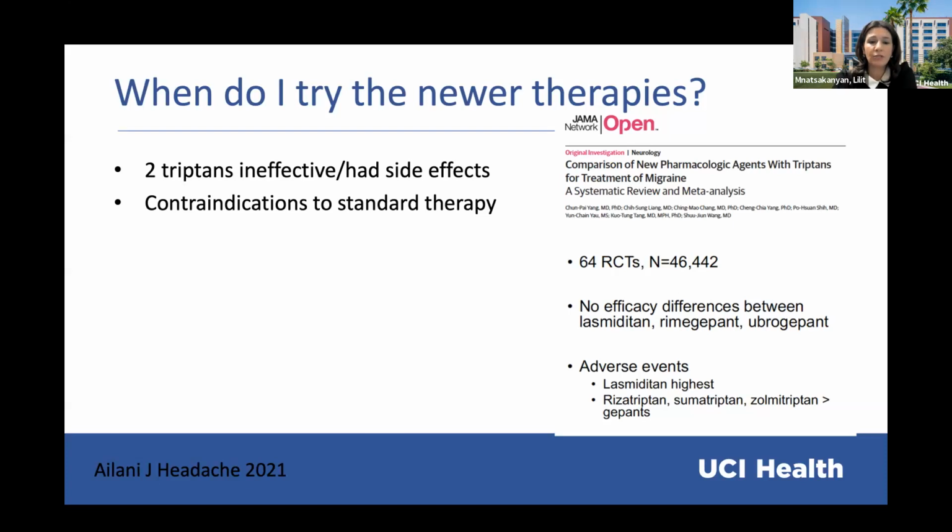The current recommendation from the American Headache Society, as well as the AAN, American Academy of Neurology, is for when someone has tried two triptans and they did not show any efficacy, or the patient had side effects, or like our patient, they had a contraindication to standard therapy. In our case, the triptan was working, but there was a contraindication to using it. So: two failed triptans, or side effects, or contraindications.